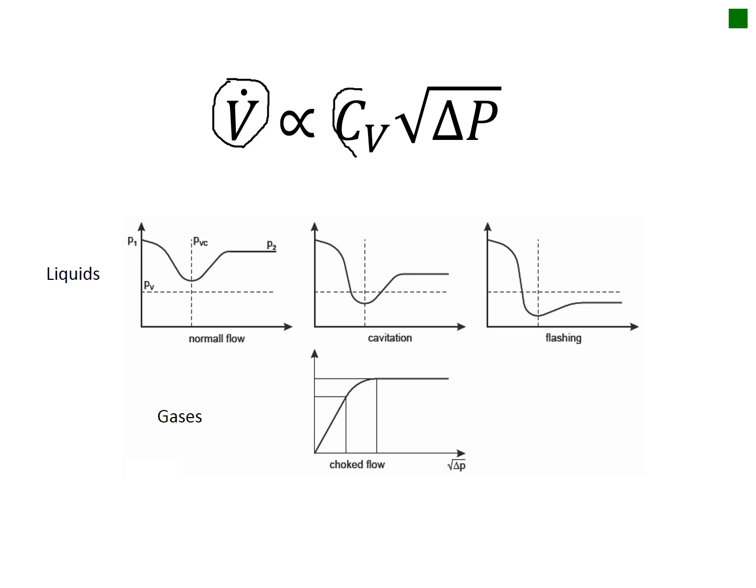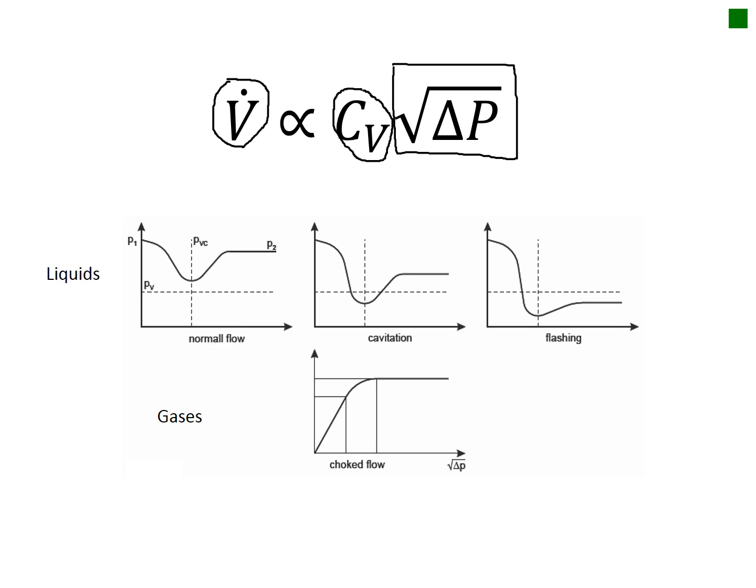One is a valve coefficient, Cv, and the second is the square root of the pressure drop across the valve. If we want a large flow rate, we would select a large Cv or have a large pressure drop. If we want a small flow rate, we would want a valve with a smaller Cv or smaller pressure drop.